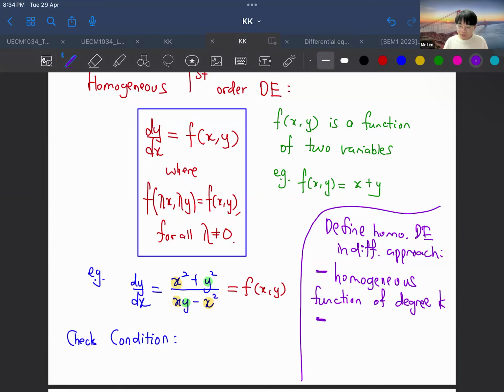Then they continue to tell you what a homogeneous differential equation is. Only then do they define what is homogeneous.